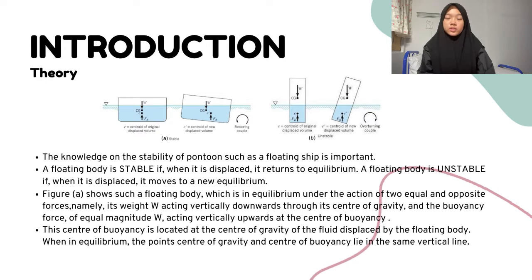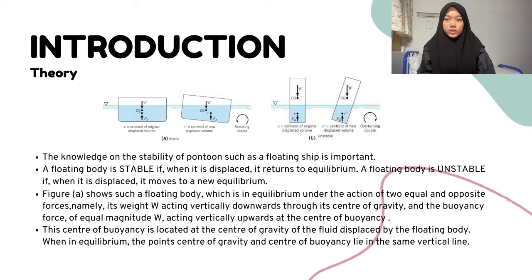The buoyancy force has equal magnitude to W, but it is acting vertically upwards at the center of buoyancy. This center of buoyancy is located at the center of gravity of the fluid displaced by the floating body.